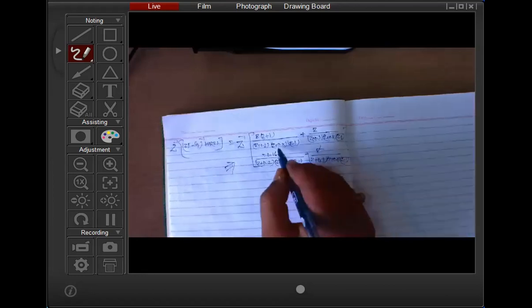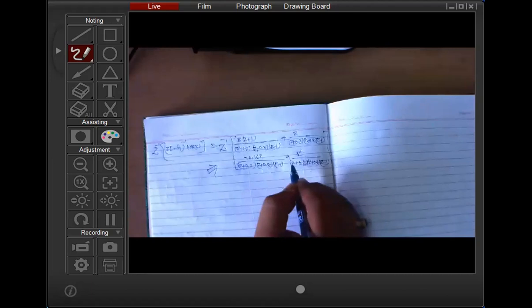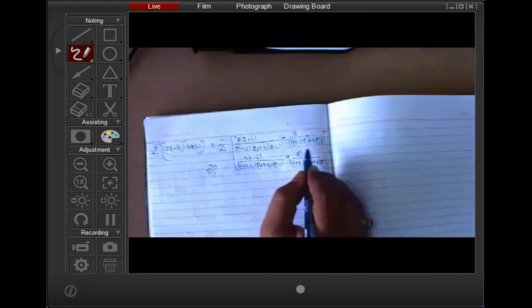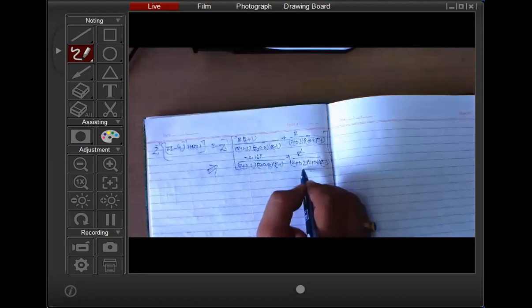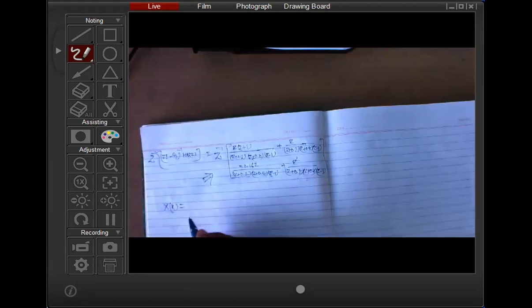Now we have two factors, a first factor and a second factor. Using the partial fraction method, you can find the inverse Z transform of the two functions. If you combine with the first term, then x(k) becomes. So please solve it in your copy.